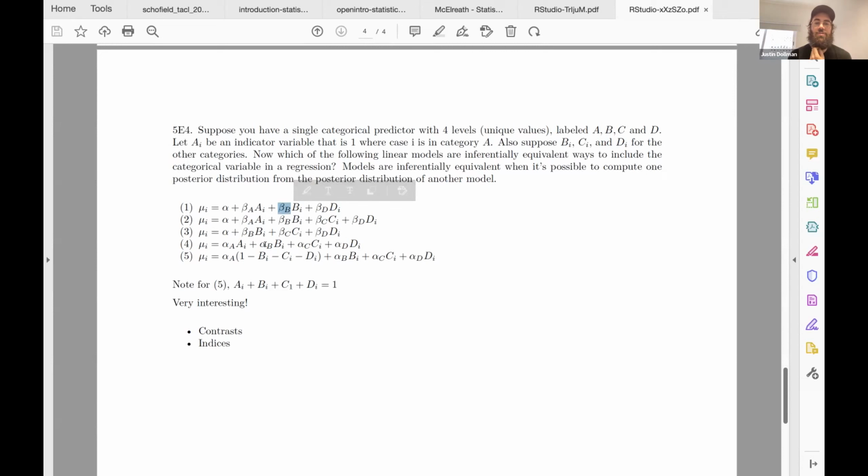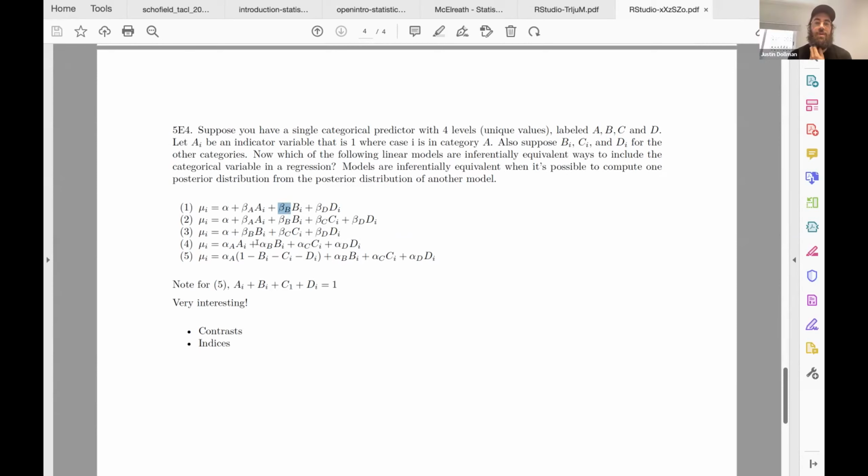By way of illustration, this would represent the model's view of the mean value for B, whereas this would be the mean difference between B and C, which is the omitted category. So in number 4, that will be either alpha B minus alpha C, or the other way around. I'm not sure which, but it's going to be the difference between those 2 alpha parameters.